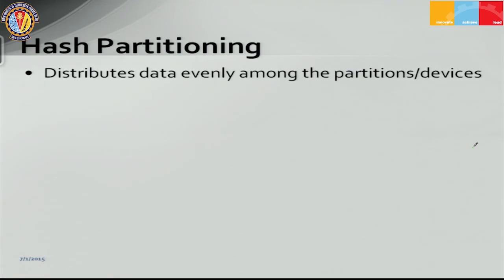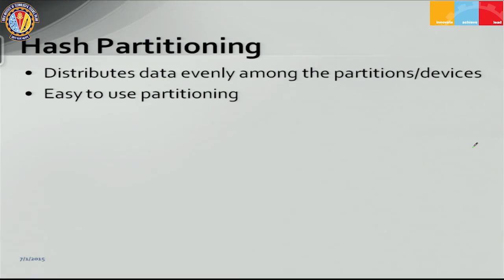Hash. Hashing is a very standard technique in computer science. It does what it is known for: evenly distributing data among the partitions or devices, and it is easy to use. The only thing you need to specify, specifically in Oracle, is the number of partitions, which should be a power of 2.